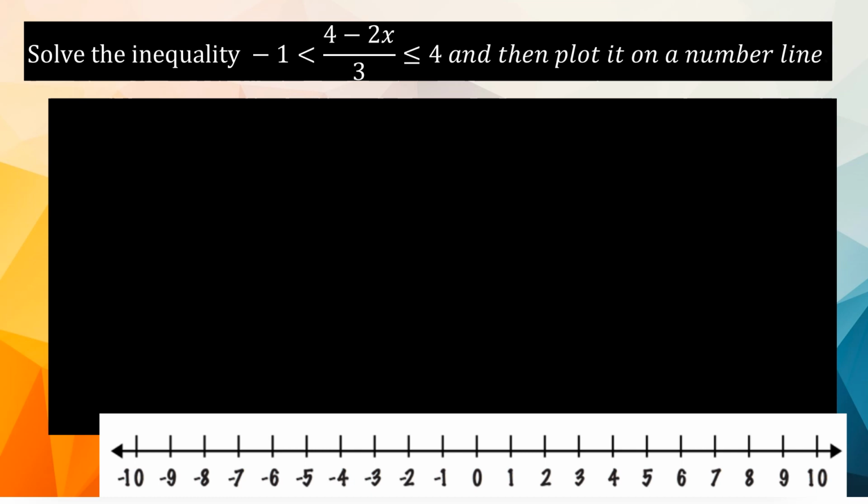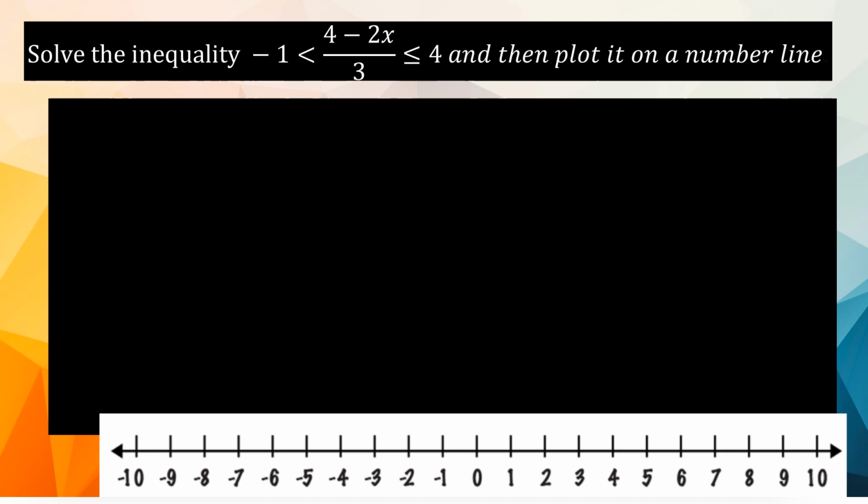Okay, so for the examples that I'm going to show you today, for the first one, I will be using one method, that is to keep it as it is. And then for the second one, I'll be using another method where I will separate the compound inequality into two separate inequalities.